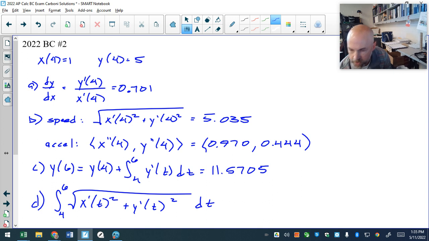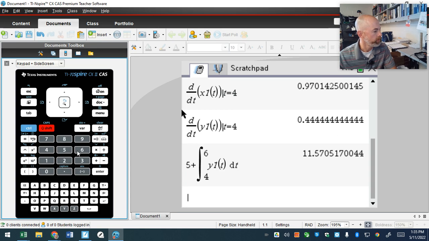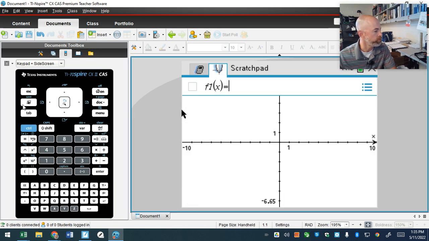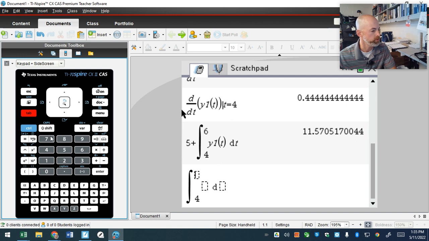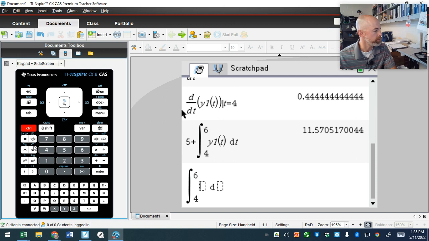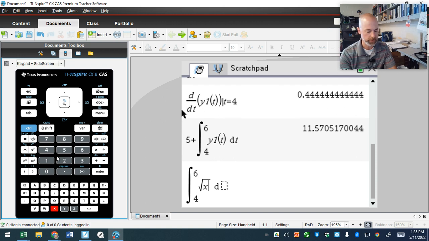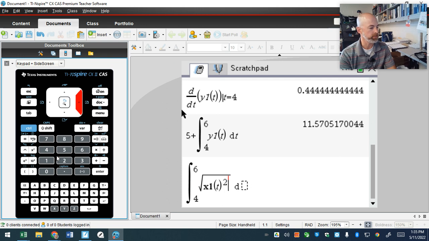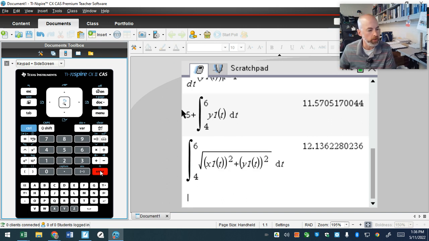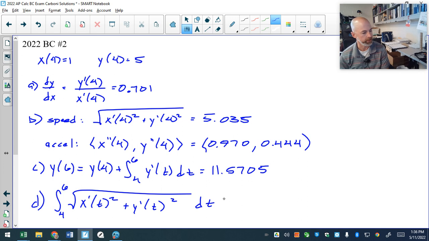Make sure I'm reading this correctly because there were no curveballs at all in this question, straight out of the textbook. All right, so go to my calculator, the integral from 4 to 6 of the square root of x1 of t squared plus y1 of t squared dt, Control Enter. 12.136 is the answer I'm getting.